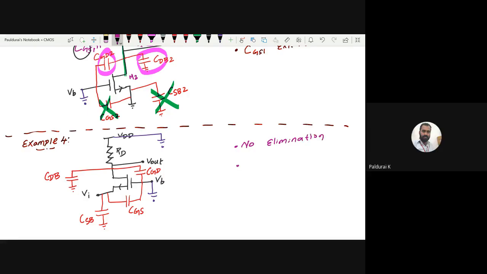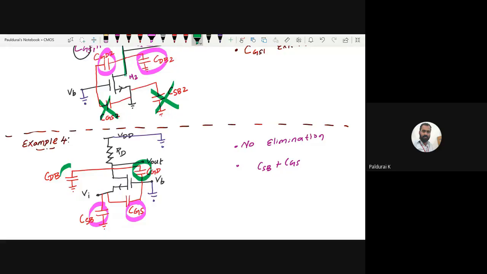Merge. யாரெல்லாம் merge பண்ணலாம்? Pink color. CGS CSB, right? இது source to ground, இதுவும் source to ground. So first merge வந்து பார்த்தீங்கன்னா CSB CGS. அதுக்கப்புறம் வேற யாரை merge பண்ணலாம்?